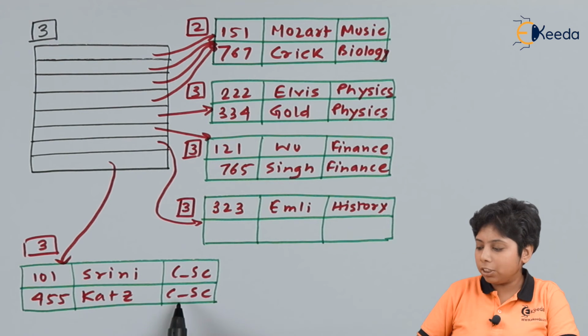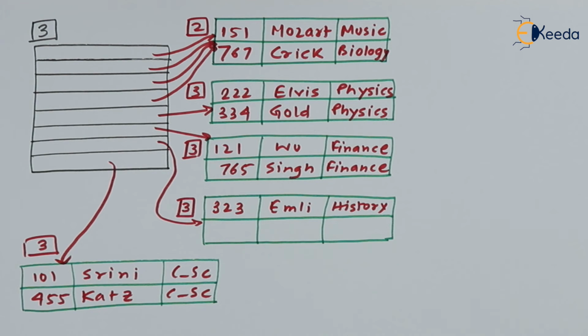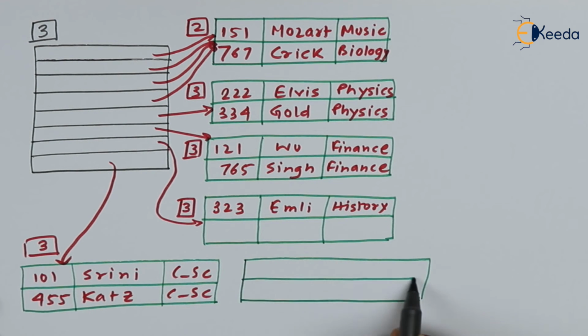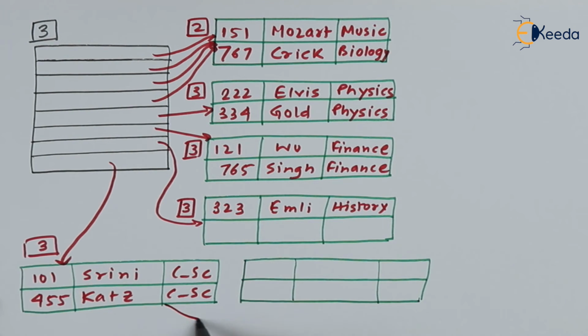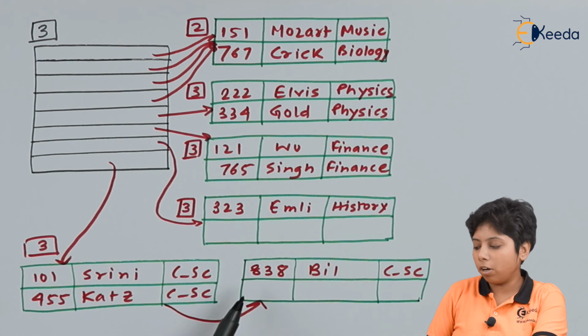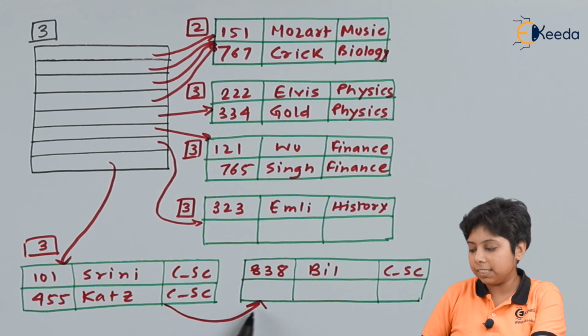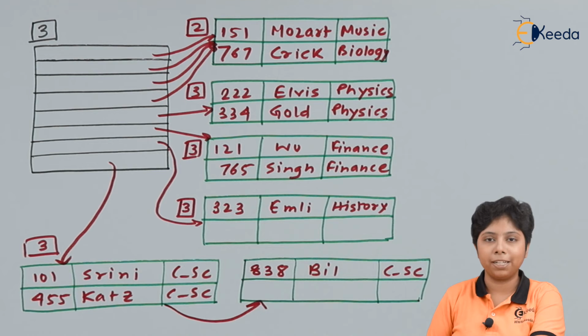So we need to adjust one more bucket as an overflow, or overflow chaining. See here, we have not given this bucket a separate index, because it is considered a chain to the overflow of the third index bucket. So in this way, we can even create a chain of overflow.